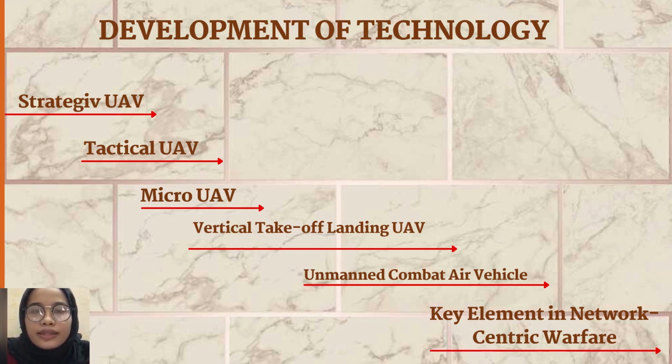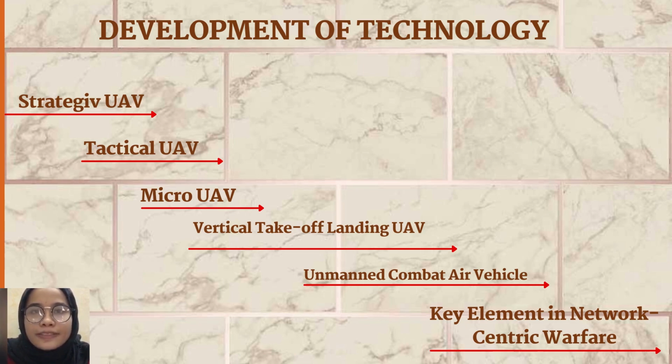Next, vertical take-off and landing UAVs provide a small, highly maneuverable platform to conduct overhead surveillance, remote sensing, communication relay, and ultimately surveillance. Next is the unmanned combat air vehicle. And the last one is the key elements in network-centric warfare, which have widespread deployment of a variety of UAVs including data, function, and management.